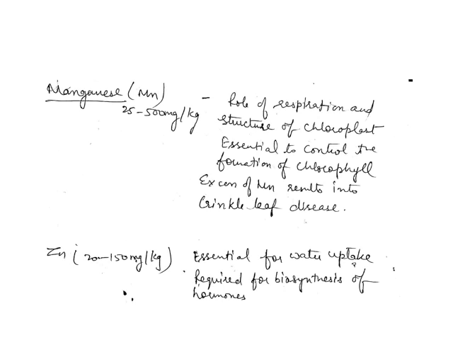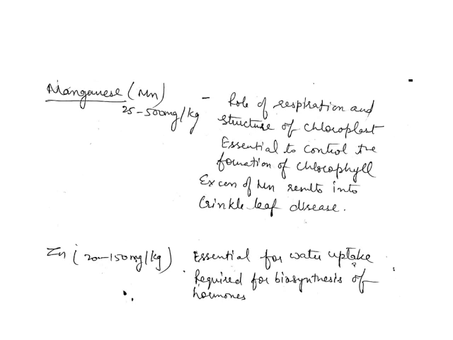Excess of manganese results in crinkle leaf disease. If we use an excess of manganese in the plant, it results in the disease. It means the manganese is required in a lesser amount, so do not use it in excess.